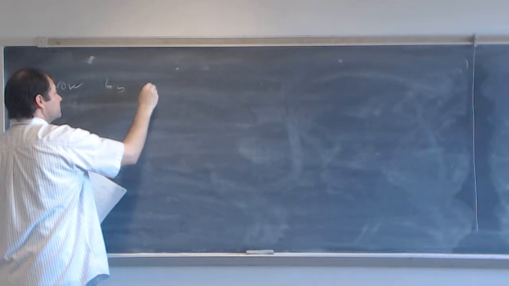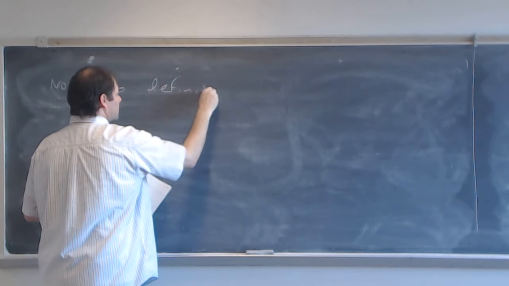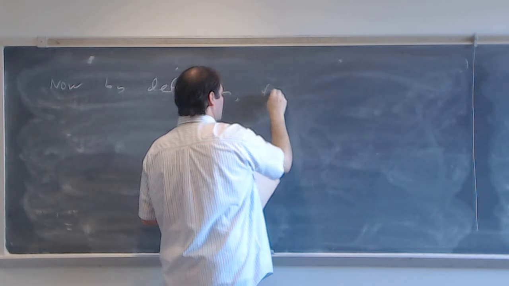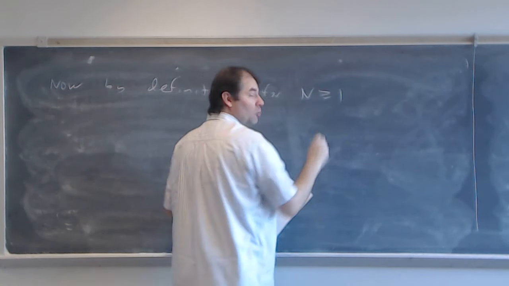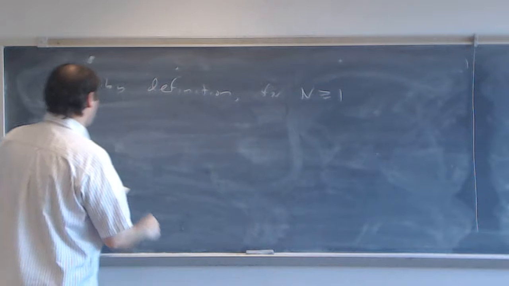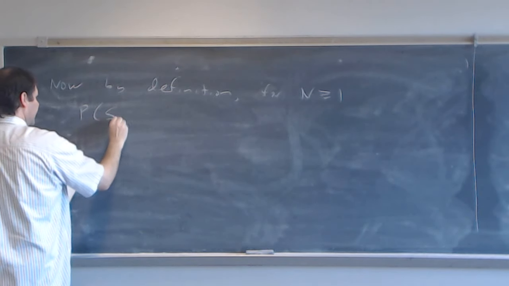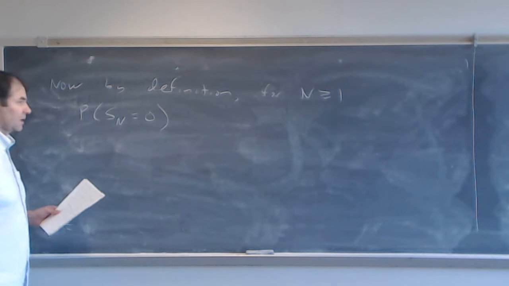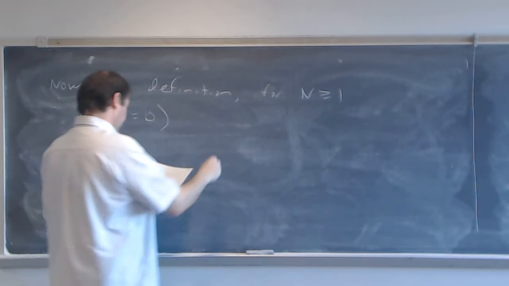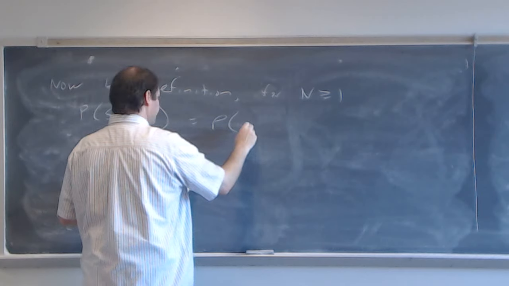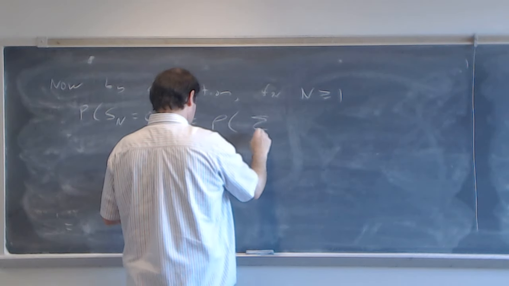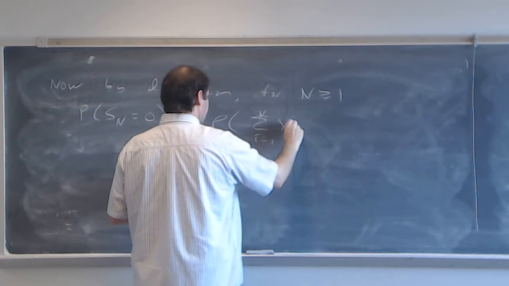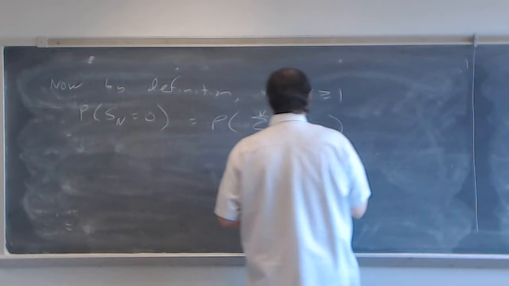Now, by definition of the x of i's, for n being greater than or equal to 1, the probability that S of n equals 0 is equal to the probability that the sum as i runs from 1 to n of x of i equals 0.